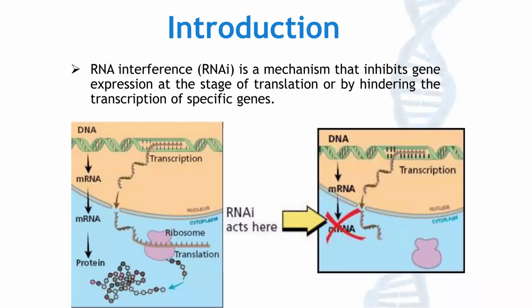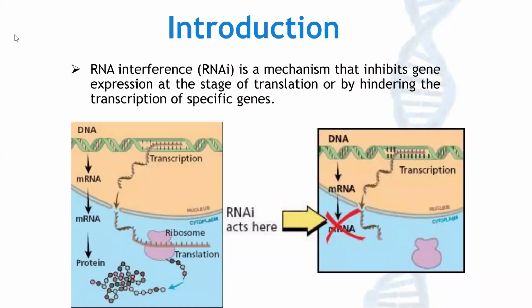Okay, today we are going to look at RNA interference. RNA interference is a mechanism where gene expression at the stage of translation is inhibited.